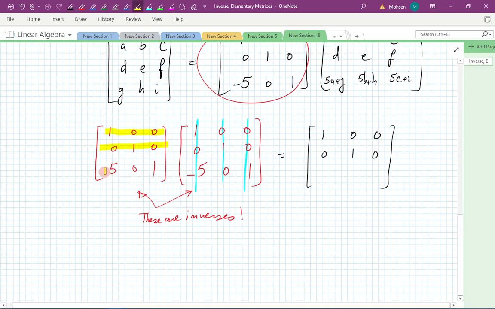The kicker is here. 5 0 1 multiplied by 1 0 minus 5. What's that going to be? 5 times 1, 0 times 0, 1 times minus 5, and they cancel each other out. 5 0 1 times that, well, the way the zeros are, this thing is going to destroy that one. I get a 0. In 5 0 1 times the last column, again this is a 0 entry, that's a 5 there. When you multiply them, you get 0, and there you go. You do get the identity.